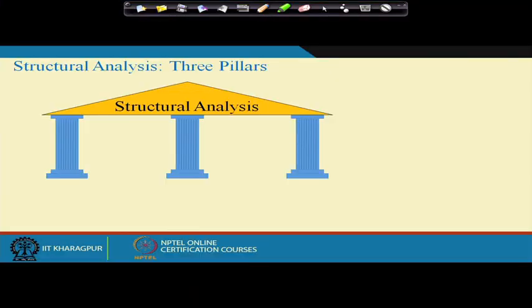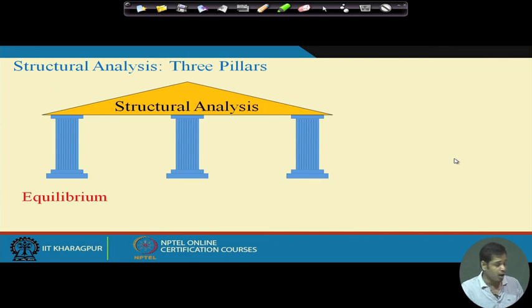One is equilibrium. What it says is the internal forces are equal to external forces, or the total forces in a particular direction or total moment about any point should be equal to 0. So, that is the equilibrium equation.